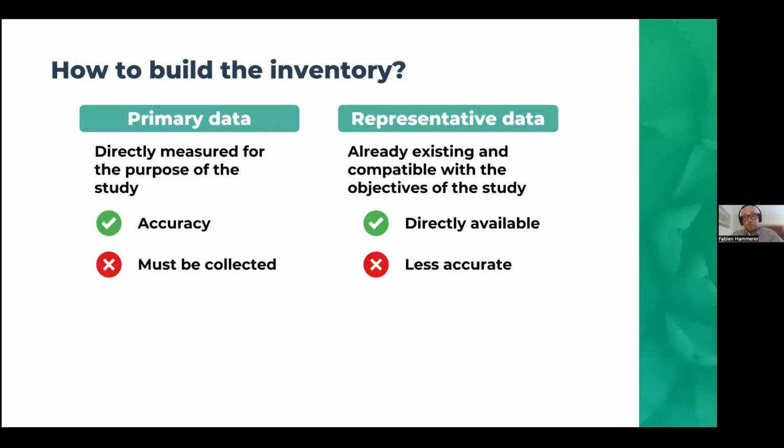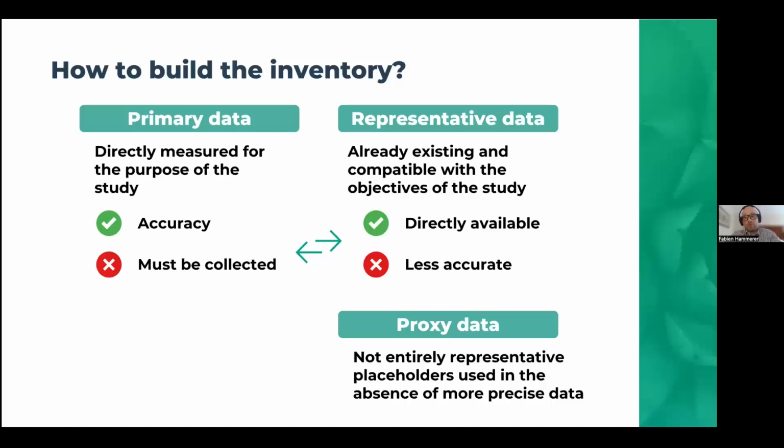On the other hand, representative data is directly available, but as it relies on industry averages or specific measurements, this is less accurate because less likely to be perfectly fitting what you're trying to measure. So there's directly a trade-off between primary and representative data, and the balance you must strike depends directly on the resources you're ready to spend on your LCA.